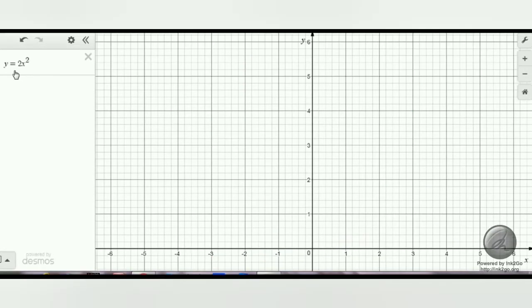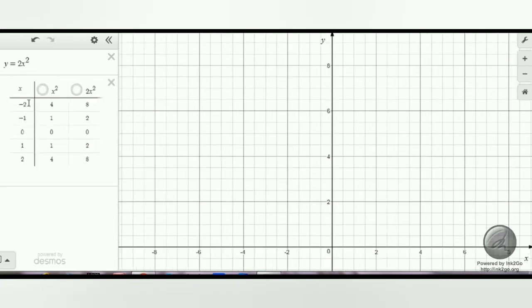Now change the coefficient of x squared and draw the graph for the function y equals 2x squared. For the table of values, when x is negative 2, x squared is 4 and 2x squared is 2 times 4, 8. When x is negative 1, x squared is 1 and 2x squared is 2.